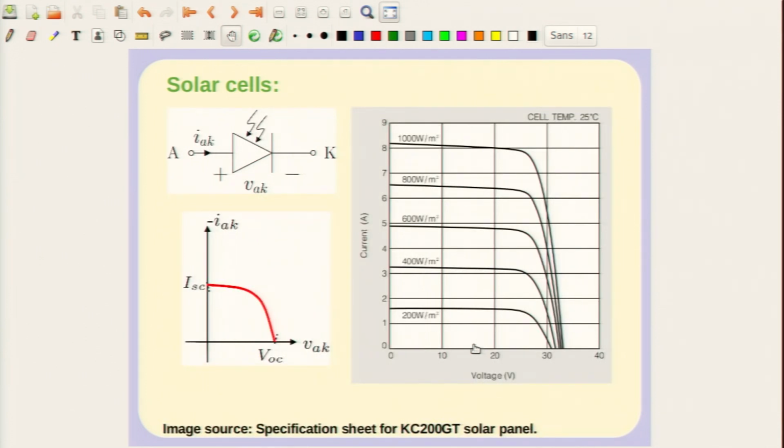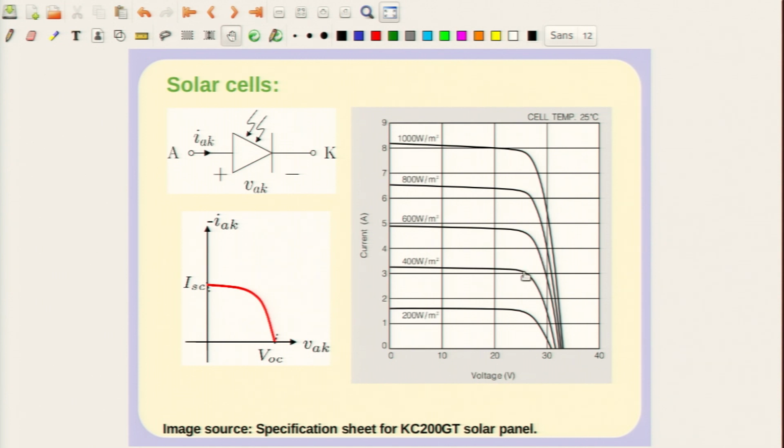What I have done is reverse the direction of IAK, and therefore this portion of the characteristic now comes on the top in the first quadrant, and of course this characteristic depends on the amount of light falling on the solar cell. This is a typical characteristic of a solar module, which consists of many solar cells.